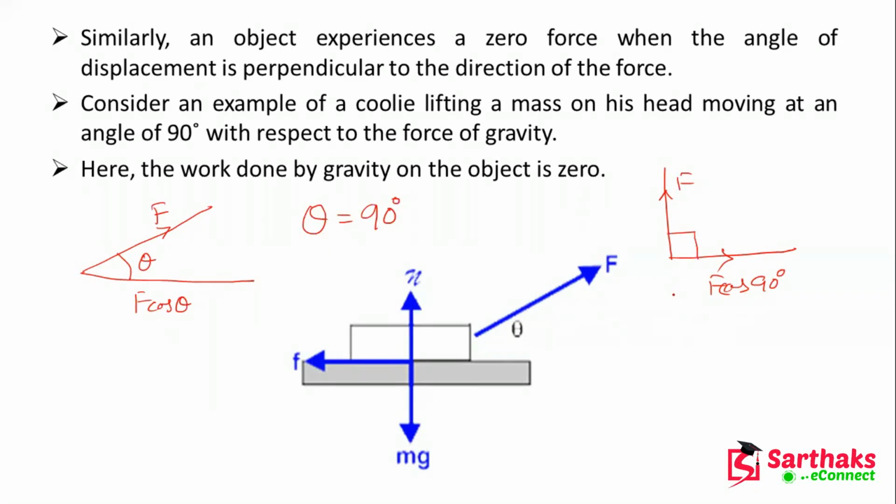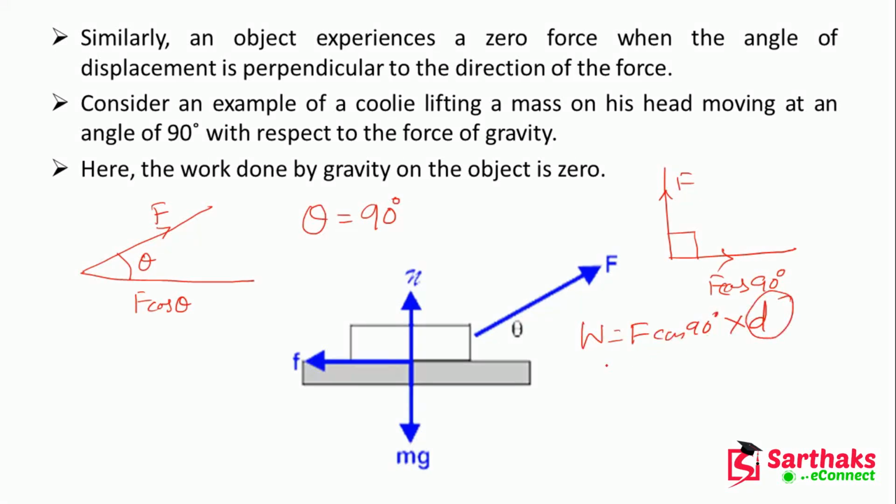So a coolie lifting a mass on his head, moving at an angle 90 degree with respect to the force of gravity. At that time, work done by the gravity on this object is 0, because cos 90 is 0. So F cos 90 degree equals 0, and work done equals F cos 90 degree into displacement.